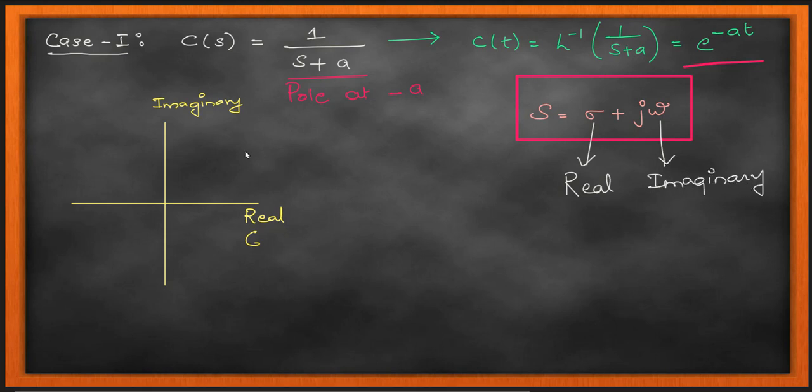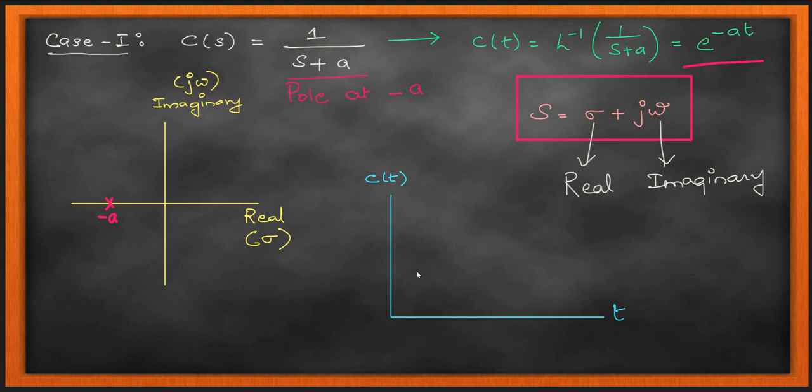Now let us see how we plot this. So for my s-plane plotting, I'm going to use that notion s is equal to sigma plus j omega, where my sigma is the real axis, right? The values of sigma define my real axis, and the value of omega defines the imaginary axis. So that is my s-plane plot shown on the left hand side. And on the right hand side, I have my response C of t versus time.